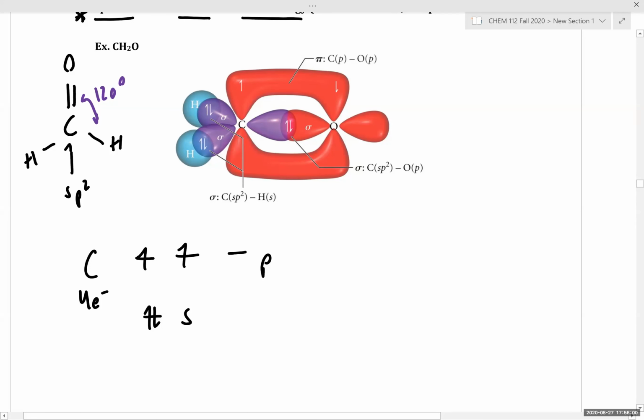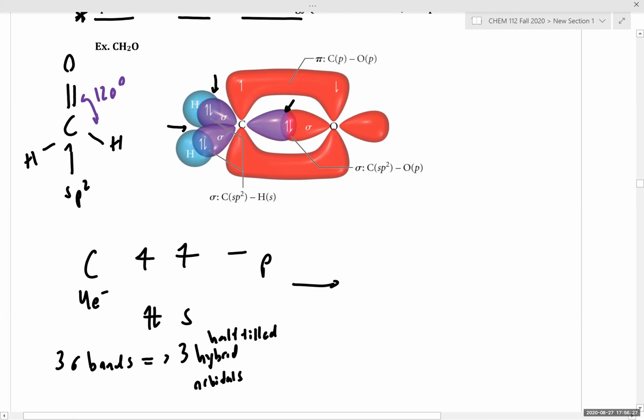In order to form our 3 sigma bonds, we need at least 3 hybrid orbitals, in fact 3 half-filled hybrid orbitals.